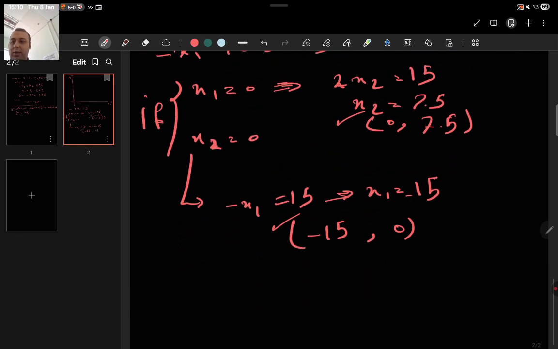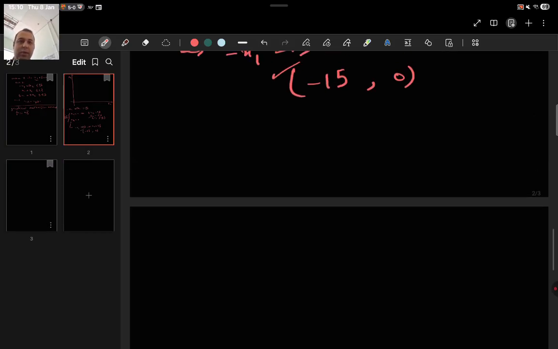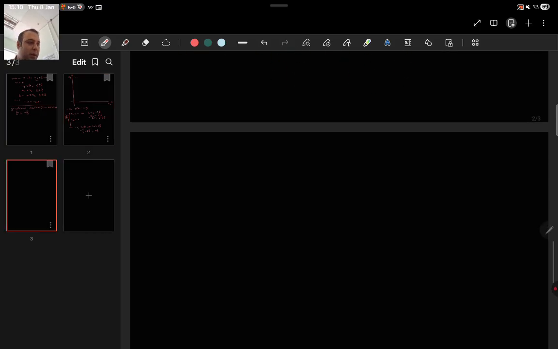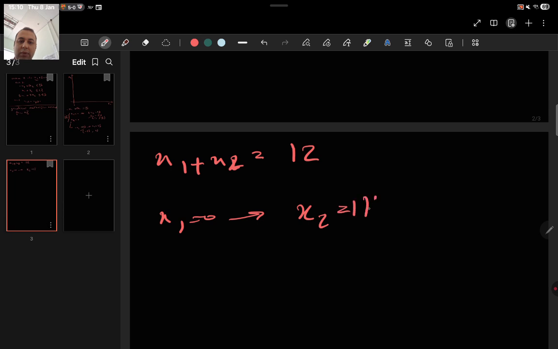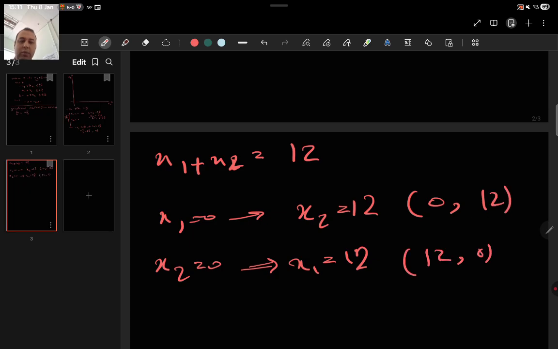Okay, for the next equation we have x1 plus x2 equal to 12. So x1 equal to 0, x2 equal to 12. If x2 equal to 0, x1 equal to 12. So we have one point which is 0 and 12, another one is 12 and 0.